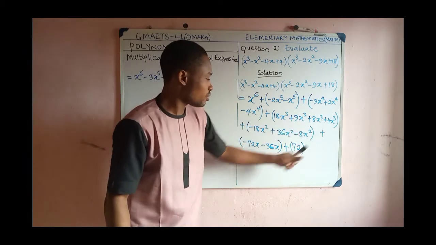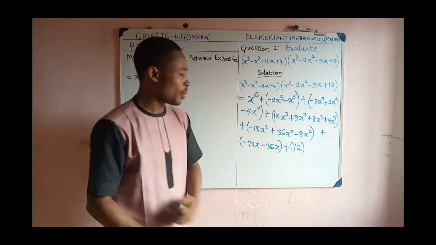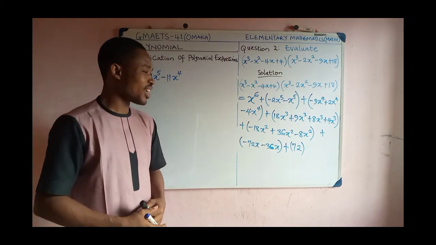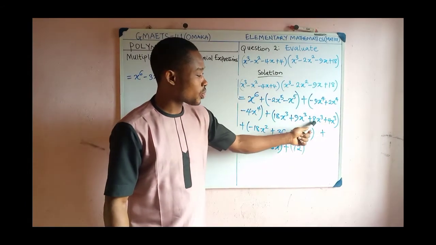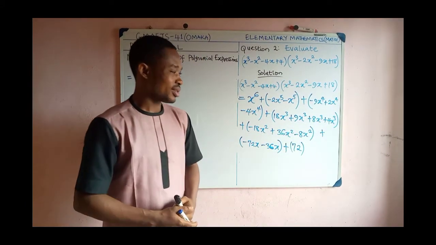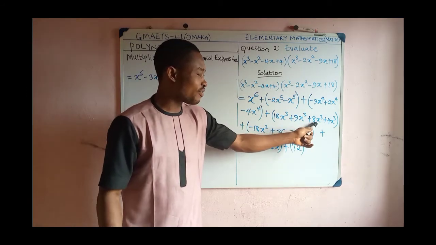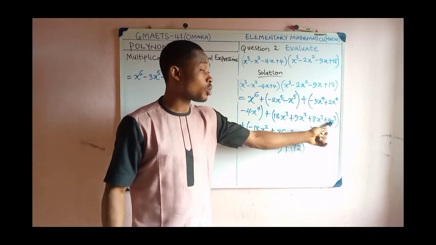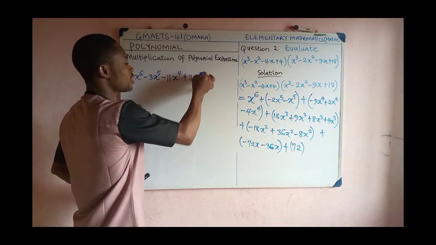Next, we come to this term, 18x raised to power 3 plus 9x raised to power 3 is going to produce 27x raised to power 3. That 27x raised to power 3 added to this 8 is going to give us 35x raised to power 3. Then 35 plus 4 will give us 39. So that is plus 39x raised to power 3.